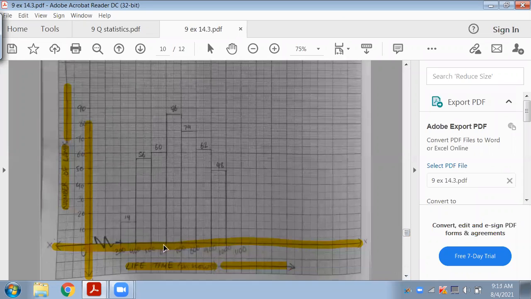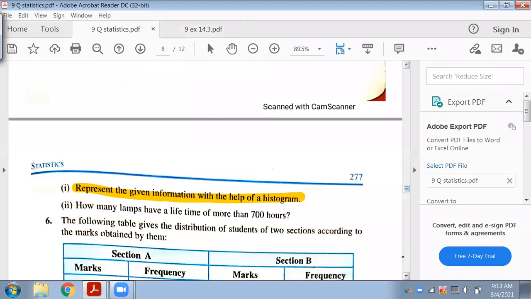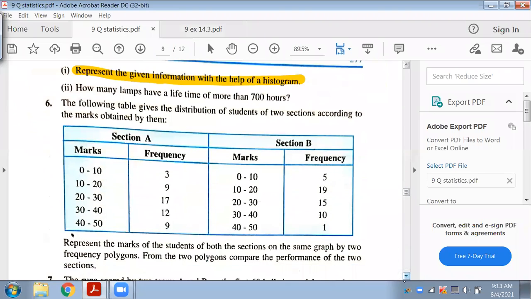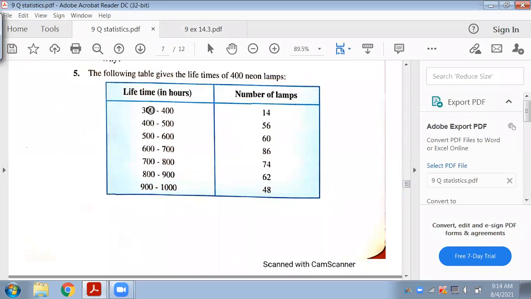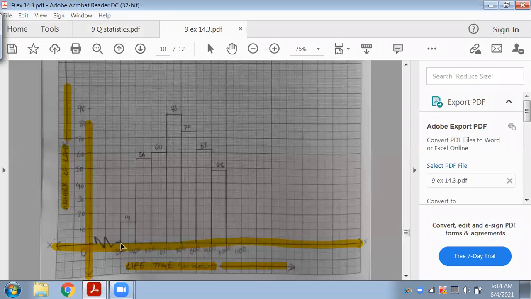Then we are going to draw. Now, first class interval is what? 300 to 400. And for 300 to 400, it is how much? It is 14. So for 300 to 400, we're going to draw a bar till 14.